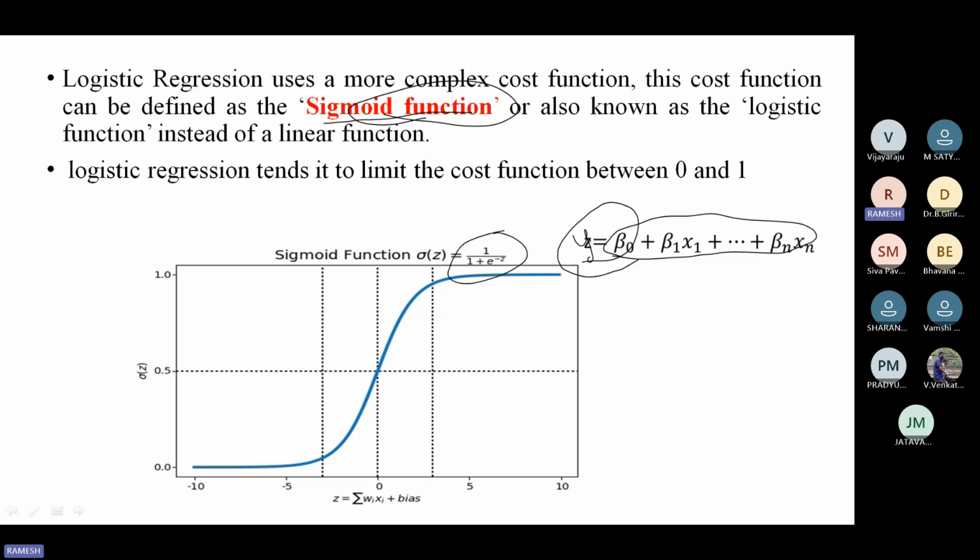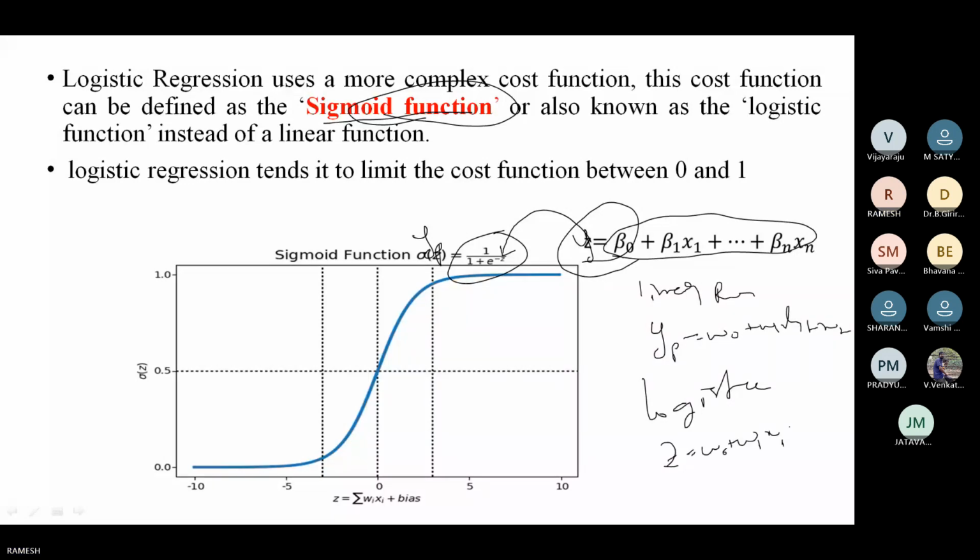In that link function we are substituting the z value, and this will be our y predicted value, also called a link function. If it is a linear regression, directly yp is equal to w0 plus w1 x1 plus w2 x2. If it is logistic regression, first we calculate z, that is equal to w0 plus w1 x1 plus w2 x2 and so on.